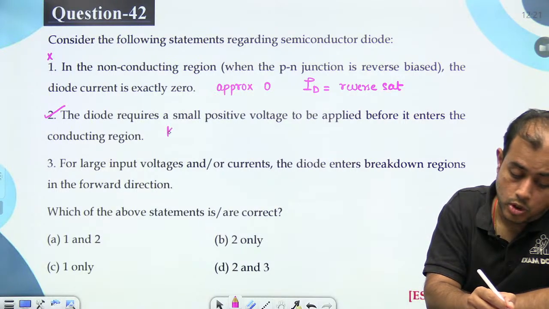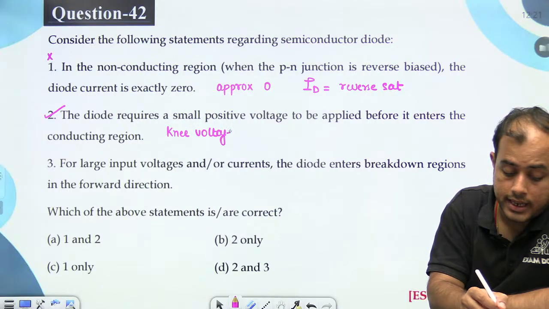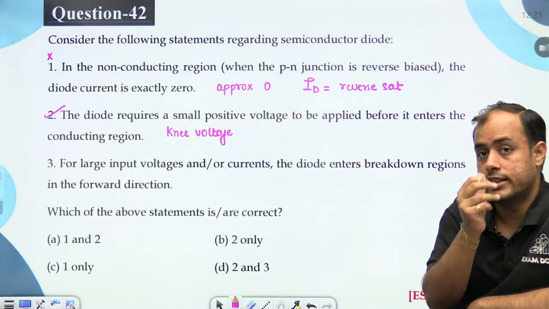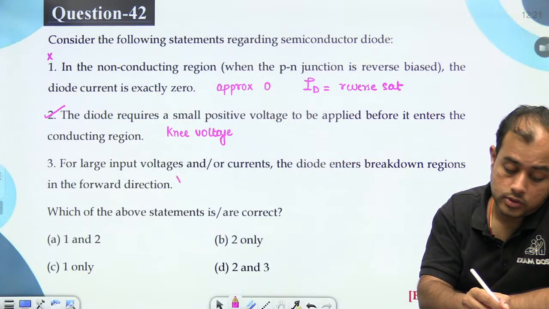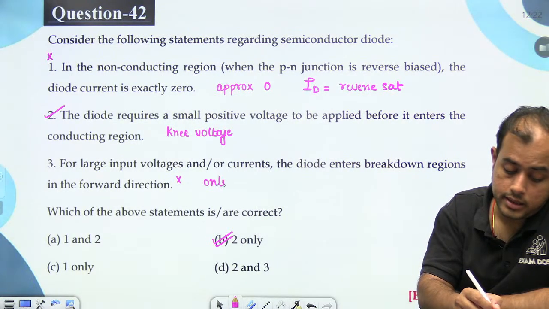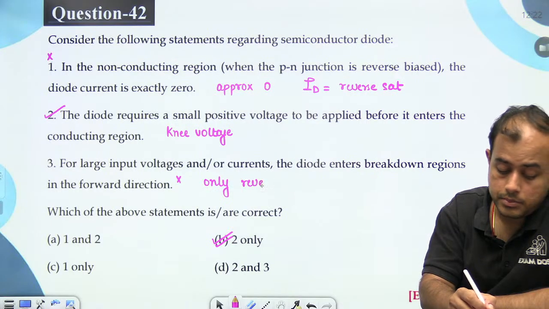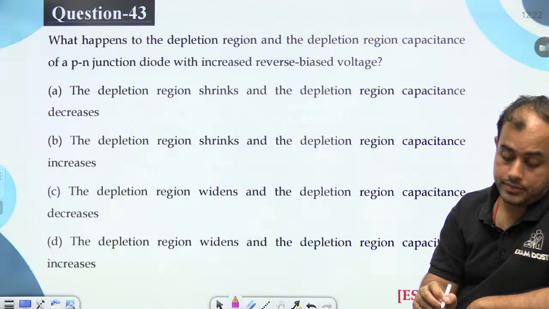Yes, this small voltage is called the cut-in voltage. To turn on the diode, you need a small positive voltage called the cut-in voltage. A diode does not enter the breakdown region in forward bias, only in reverse bias. Breakdown only happens in reverse bias.